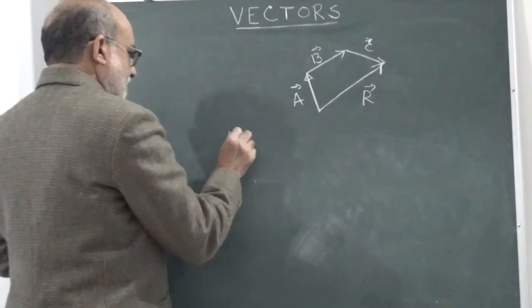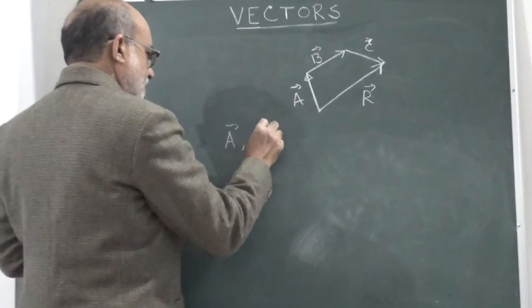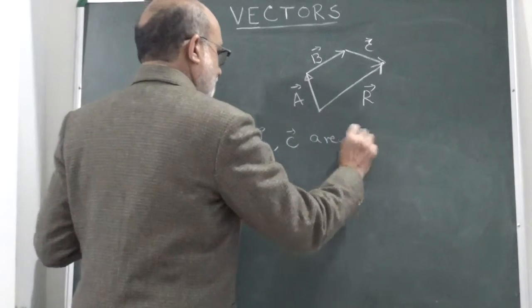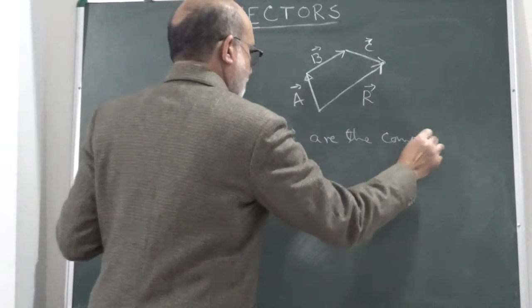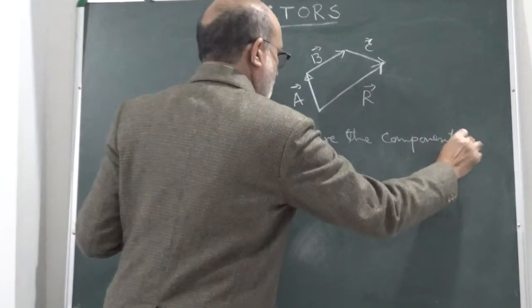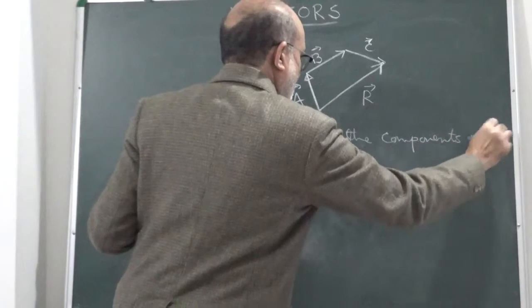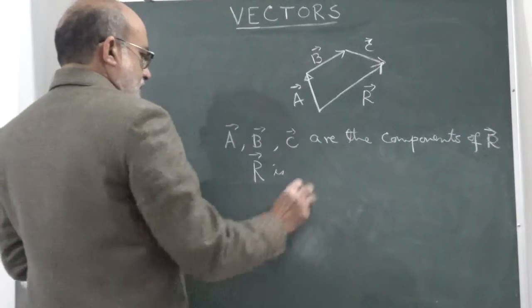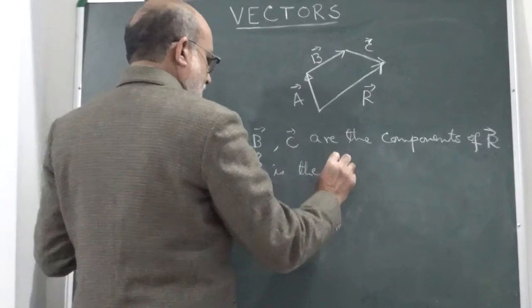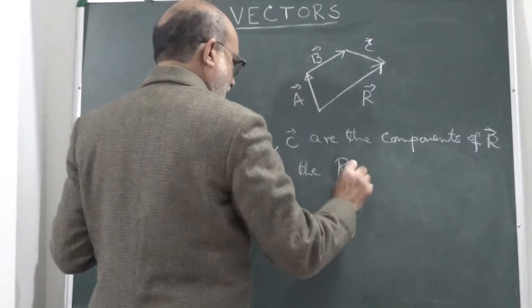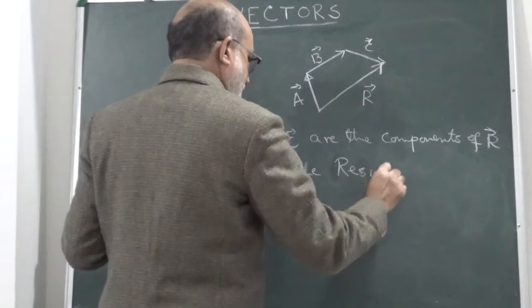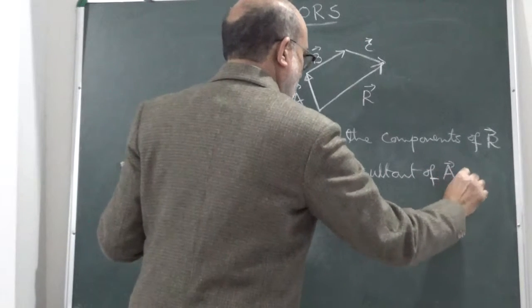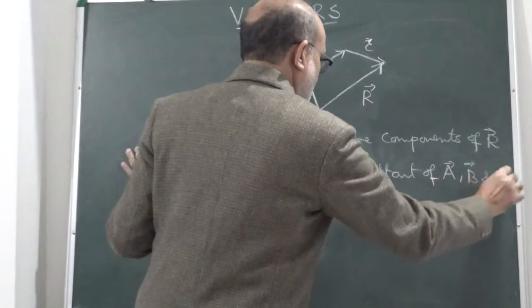So here A, B, C are the components of R, where R is the resultant of the vectors A, B and C.